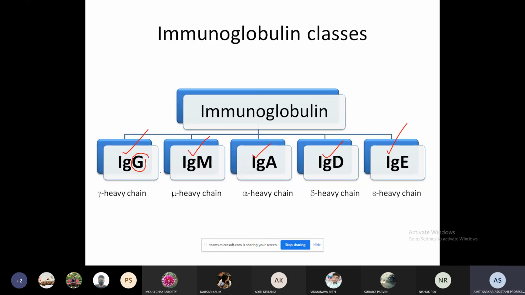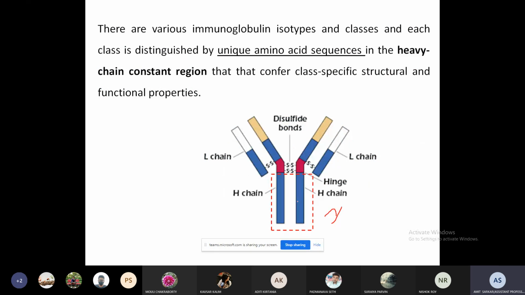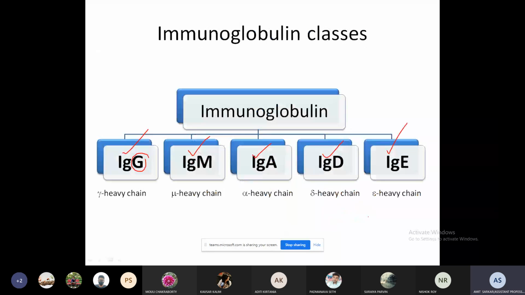Similarly, for another class of antibody, the heavy chain is mu type, so we call it immunoglobulin M. For the third one, the heavy chain is alpha type, which is why it got the name immunoglobulin A or IgA. For the fourth one, it was delta type, so it got the name immunoglobulin D. And finally, for the fifth one, the heavy chain type is epsilon, which is why it got the name immunoglobulin E.